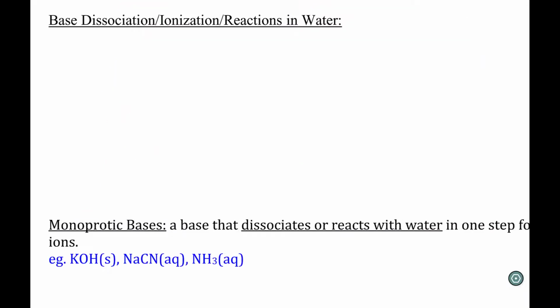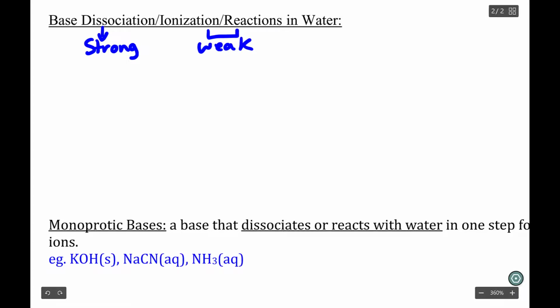So now let's look at bases, and the first thing I'm going to do is again review dissociation and ionization of a base. The first thing I want to remember to mention is only strong bases dissociate to form hydroxide ions, whereas the ionization or reaction with water is what's going to happen with weak bases. So I'll give you a couple of examples here. The first one is a dissociation.